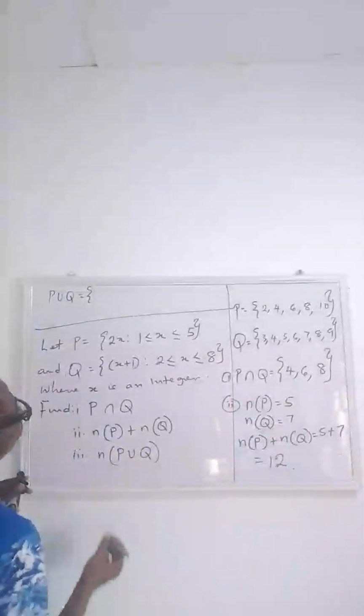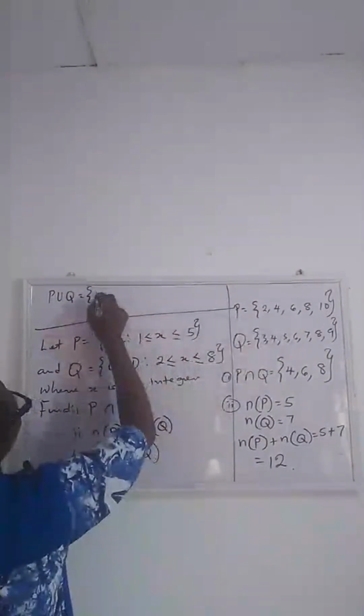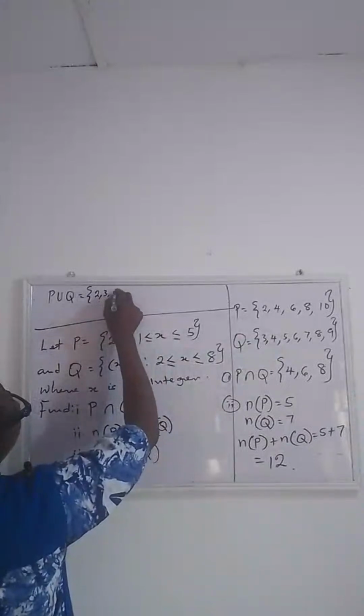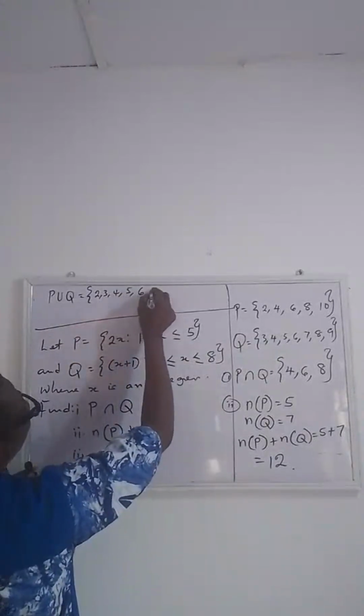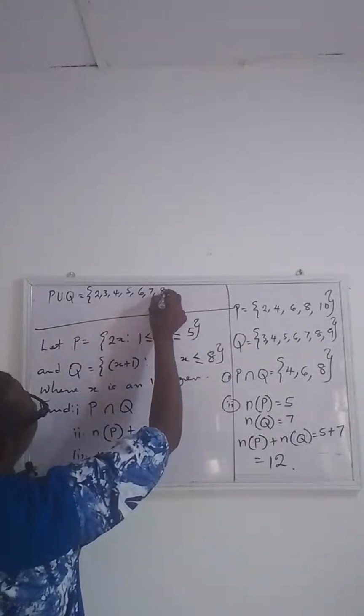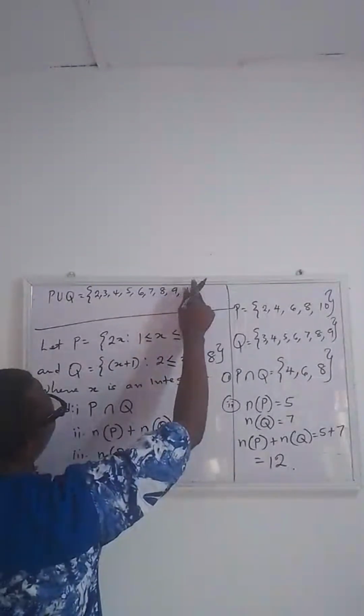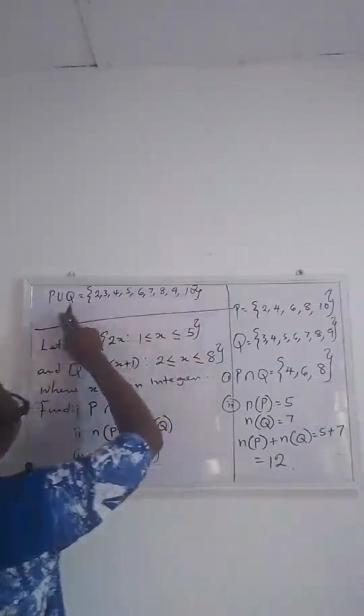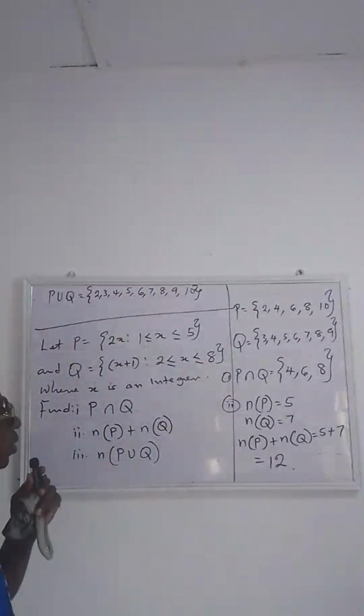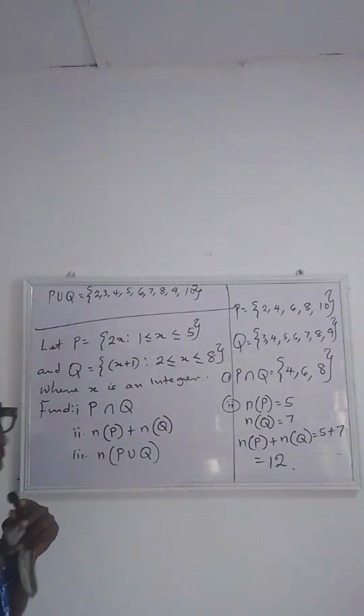Okay, so when you put the two together, what do we have? We have 2, 3, 4, 5, 6, 7, 8, 9, 10. Okay, so this is the union of sets P and Q.